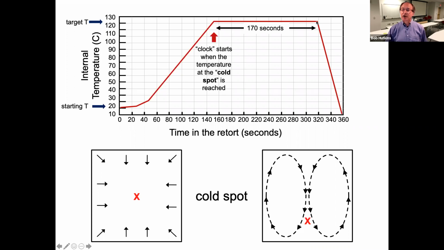We don't want to overcook it. So the cans might come out and go into some cold water. It only took 20 seconds to cool off, while it took a couple of minutes to get hot. Everybody see how that works? So that's our F value, 170 seconds.